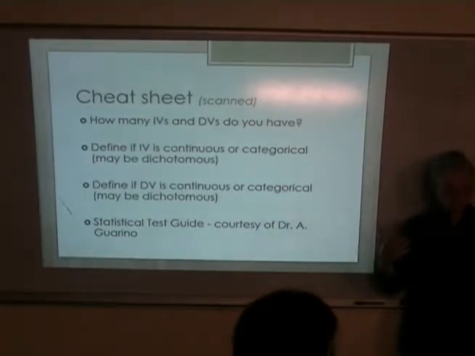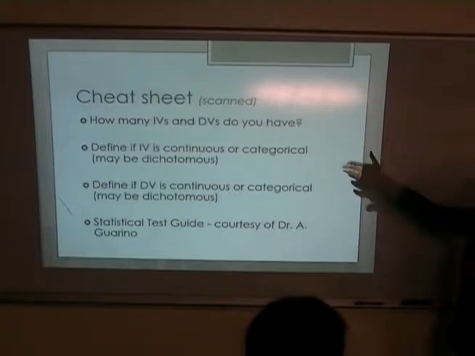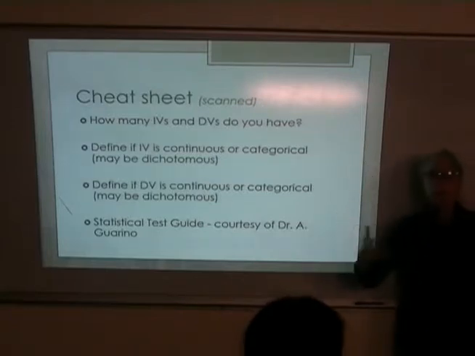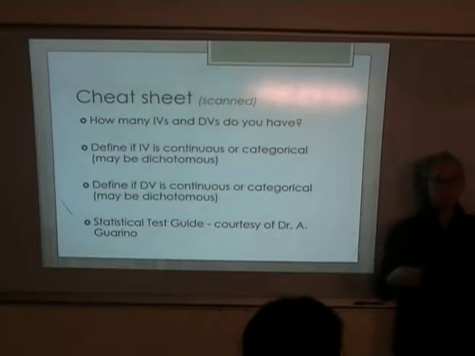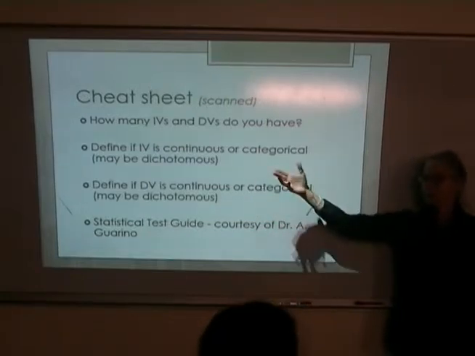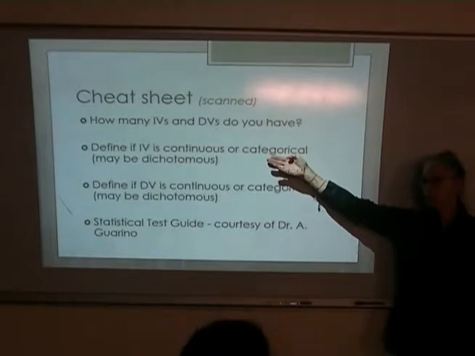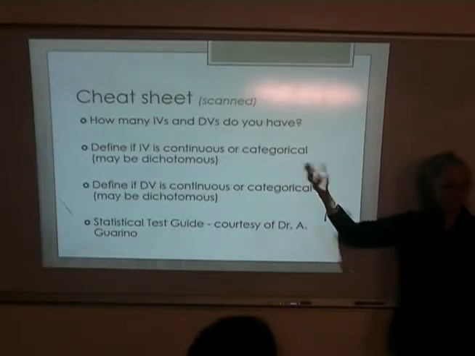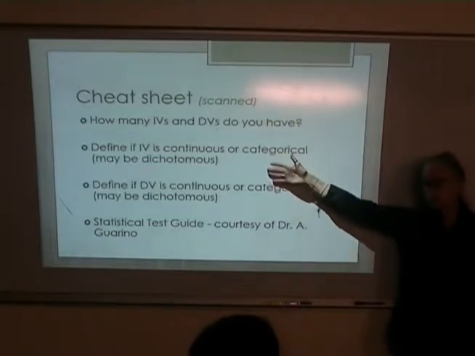If it's categorical, then I'm looking at whether something is red or blue, or green, or yellow. It can be dichotomous, like sex is a dichotomous variable, male or female. Those are your choices, right?